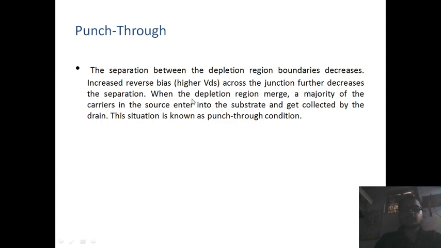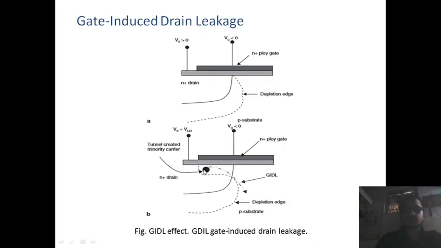When the depletion regions merge, the majority carriers in the source enter into the substrate and are collected by the drain. In this diagram, the majority charge carriers go from the source to the substrate and then into the drain.